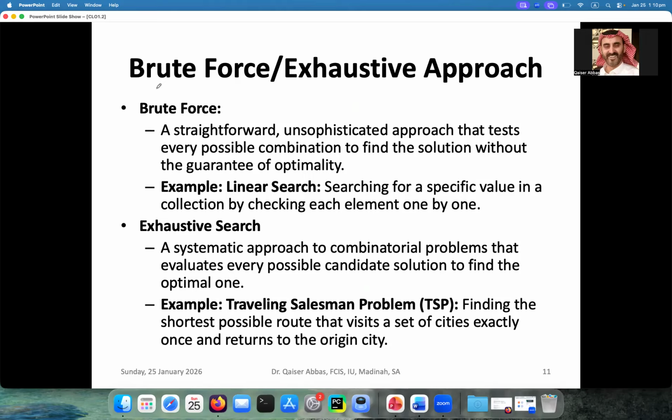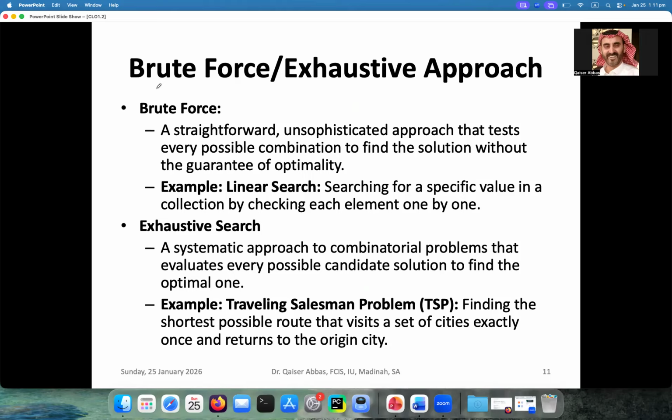What is the difference between these two? They are almost similar, with a minor difference. Brute force means checking all possible combinations to find a solution for some problem.